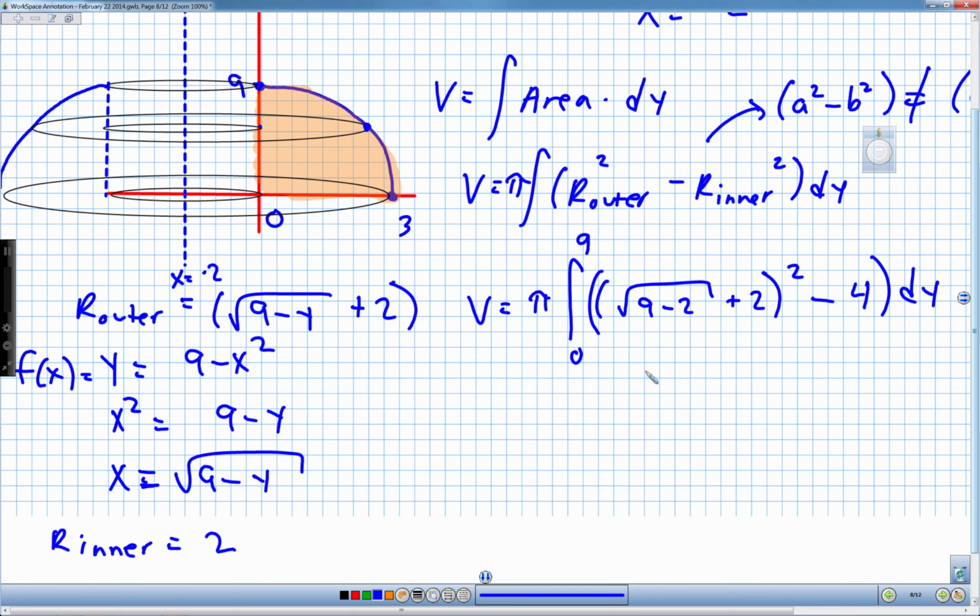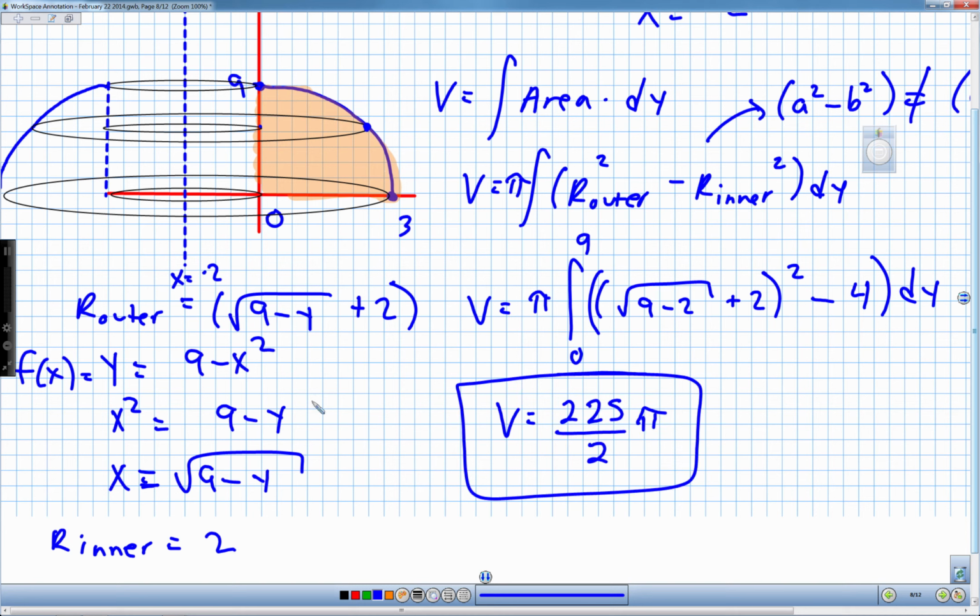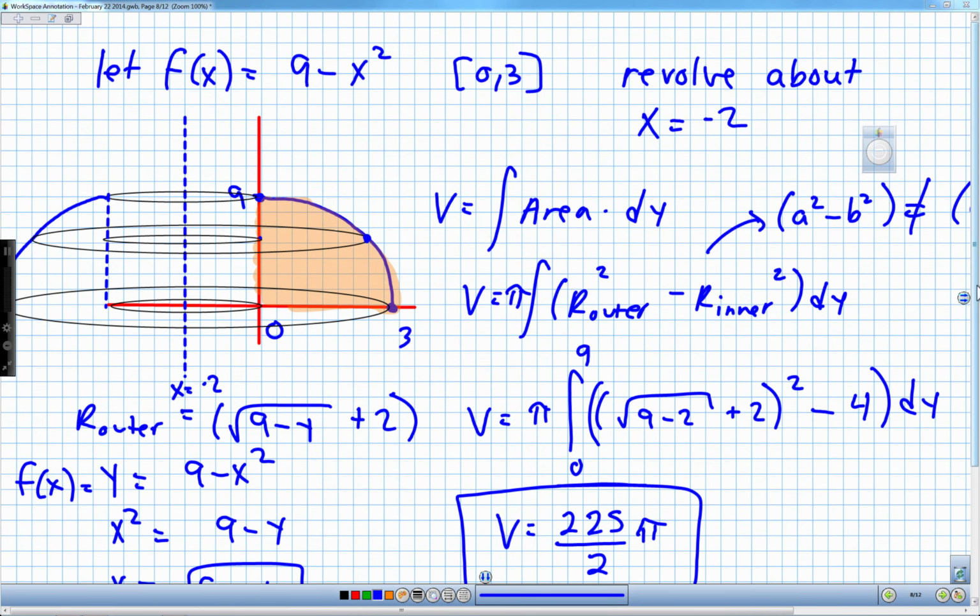And we do some fancy algebra, and we do some antiderivatives, we expand some things, and we end up with the volume is equal to 225 over 2 times pi. But once again, the strategy is the same.